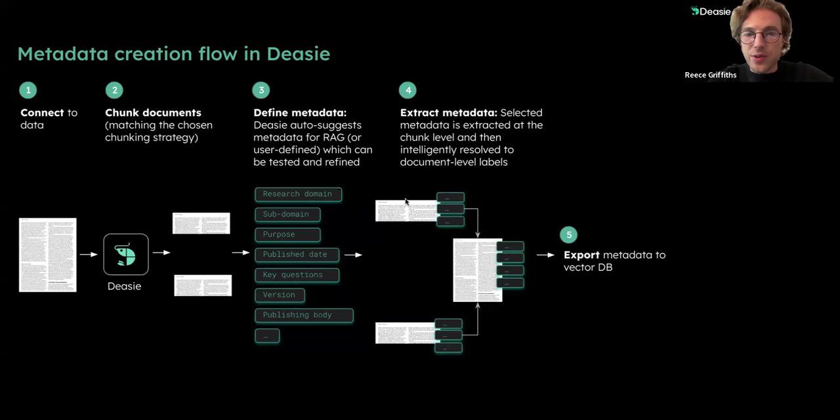The metadata is first extracted at the chunk level, and then we have a synthesizer layer to roll that up to a document level tag. This takes into account the type of tag, the type of metadata, so the resolution to a document level tag is intelligent and makes sense for that tag. And then that metadata can be exported out of the platform along with any hierarchies that are defined.